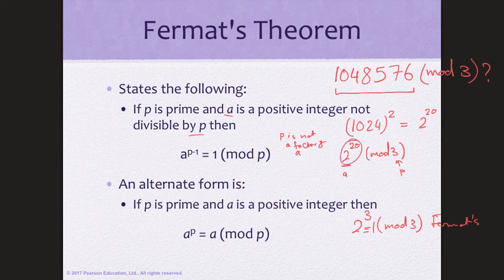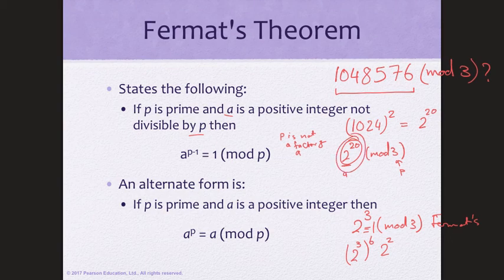Well, I have here 2 to the power 20, which can be written as 2 to the power 3 raised to the power 6, that's 2 to the power 18, multiplied by 2 to the power 2, right? That's how I can write this number.